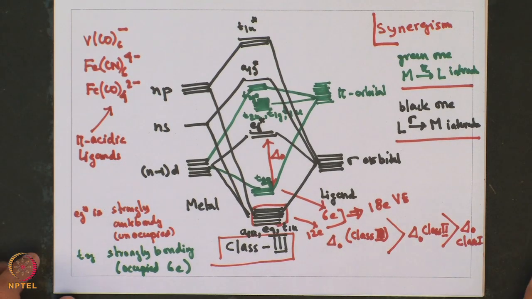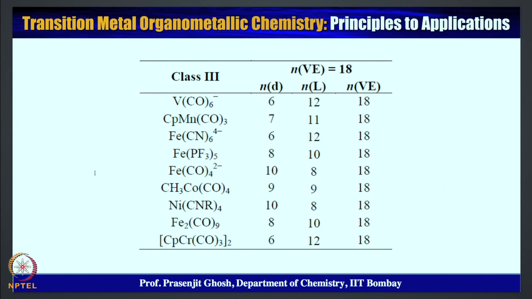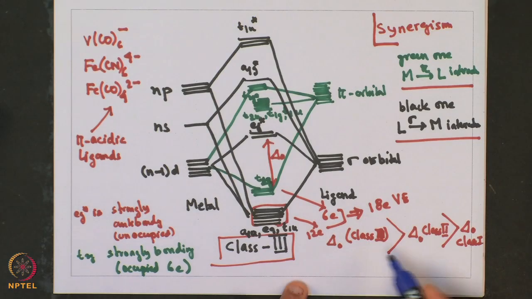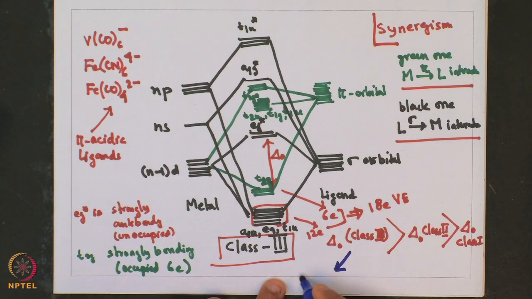Now, let us compare across the 3 different classes of compounds, and what we saw is that class 3 has higher delta 0 value and they always obey the 18 electron rule, and they have pi acidic ligands.